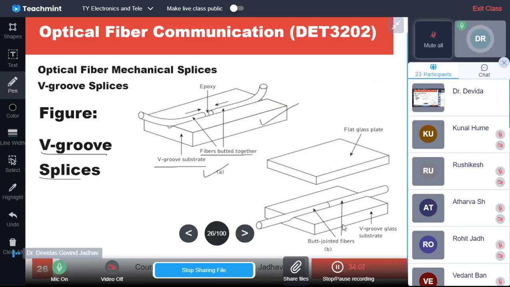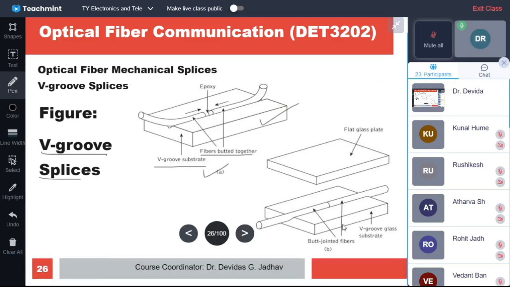clamped with a screw arrangement. Due to the flat glass plate over the assembly of fibers and the V-groove plate, the very firm screwing provides the pressure to keep the fibers in lateral, longitudinal, and angular alignment, and the fibers will not be displaced.